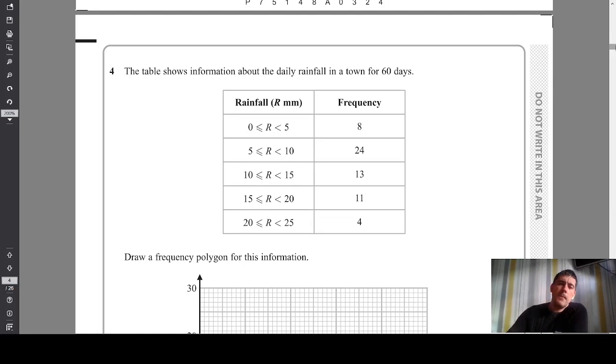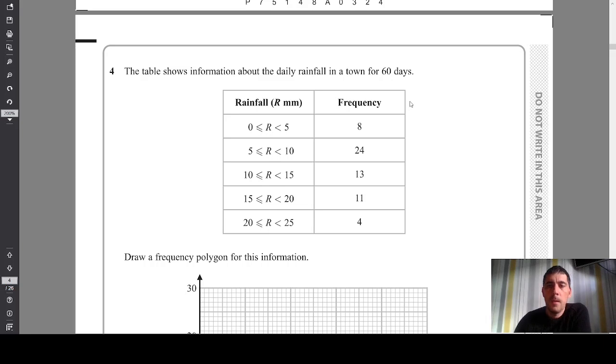So first thing, when we see a frequency table and some ranges, most of the time you're going to have to work out the midpoint of those intervals. So straightforward, just add the first value and the second value, and divide by 2. So let's do that.